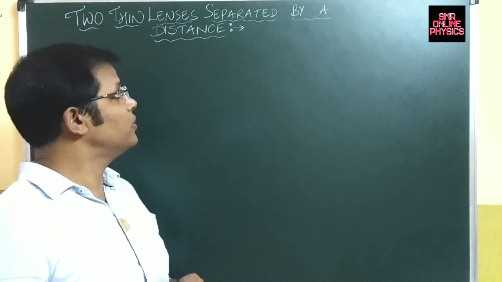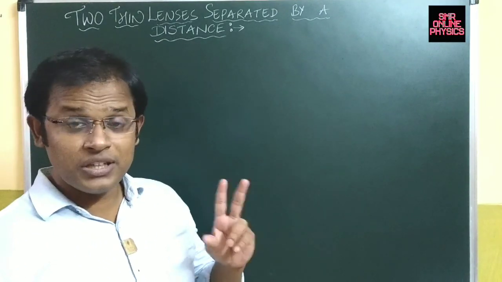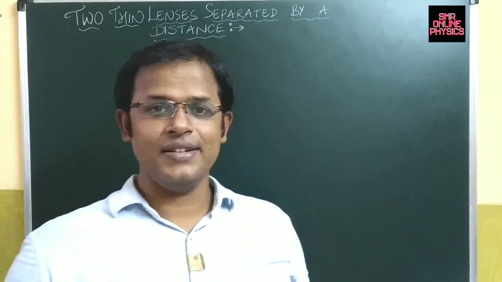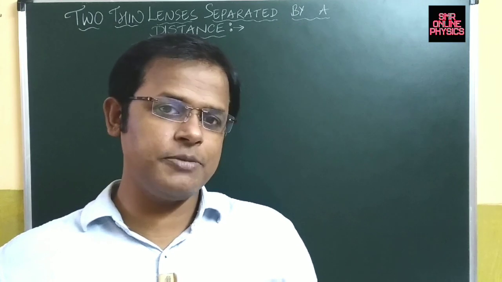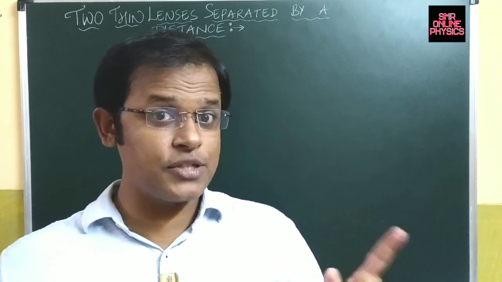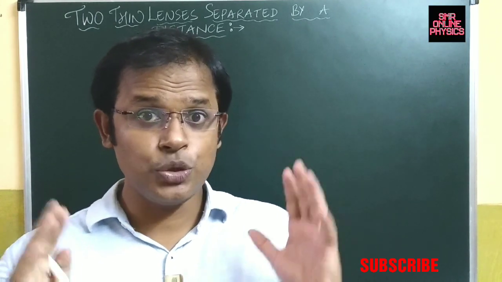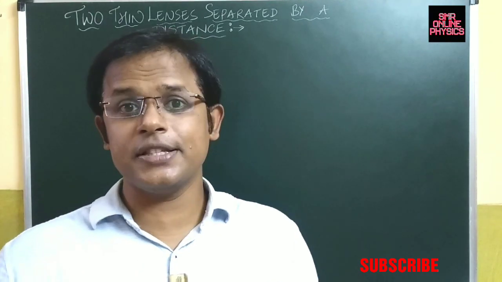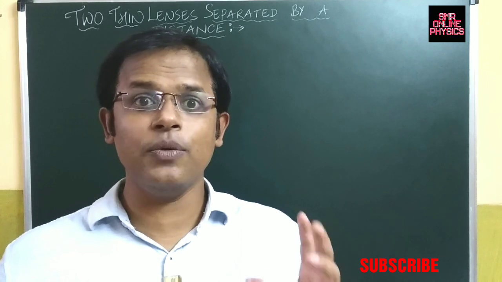Now we'll talk about two thin lenses separated by a certain distance. When two thin lenses are separated by a certain distance, it's not the same as what we did so far. They do not behave as exactly one single lens.